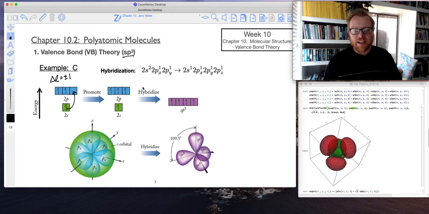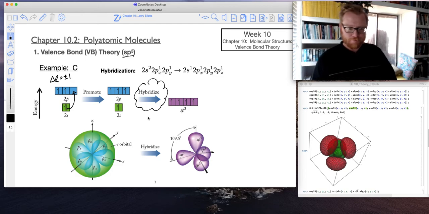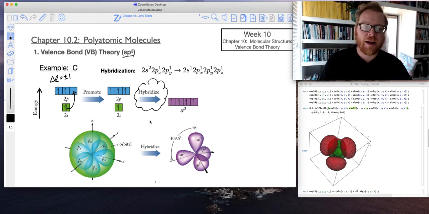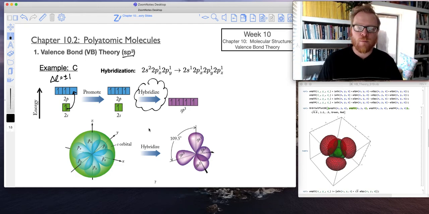What this really is truly what we call hybridizing. And I'll get into what that more specifically means, okay? But in any event, if we view this as promote and then hybridize, our 2s2 gets promoted to this 2p3, and now we have 4 unpaired electrons, 1 in each px, py, pz, and 1 in 2s, as indicated as such, okay?